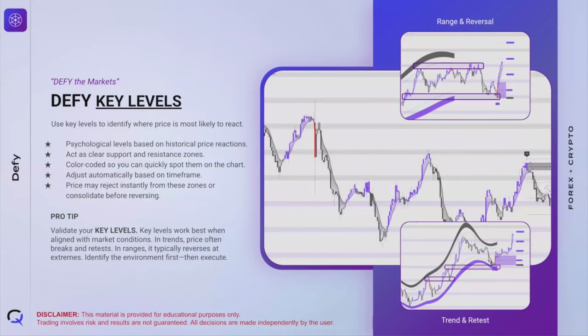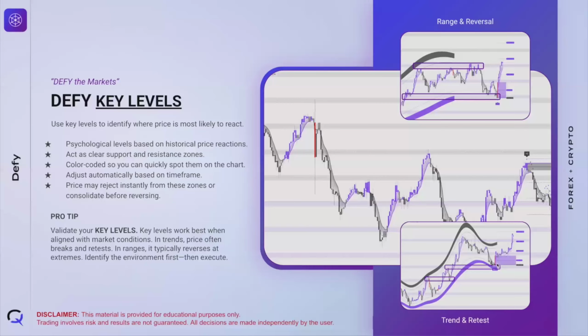You can see here on some trending examples for the key levels, price broke above the key level and pulled back in with recent price action, validating that price action and validating that price level. And you can see it's done it over here just as well, where the DeFi triggered an idea. You see it act as an area of resistance and then retested as an area of support before giving you the DeFi idea.